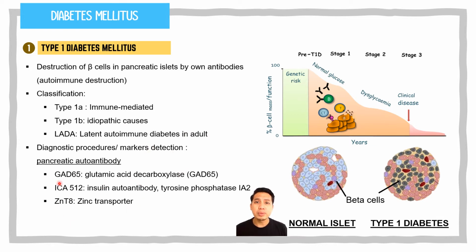These autoantibodies destroy the beta cells of the islets of Langerhans through an autoimmune response of macrophages, T cells, and cytokines. The detection of these antibody markers facilitates the diagnosis of type 1 diabetes. It can also be used to screen family members at risk of developing this disease.